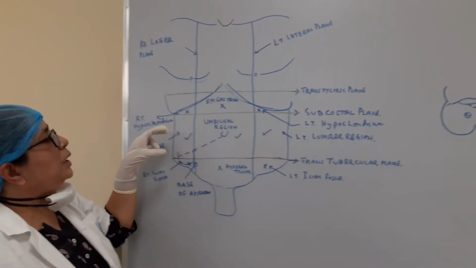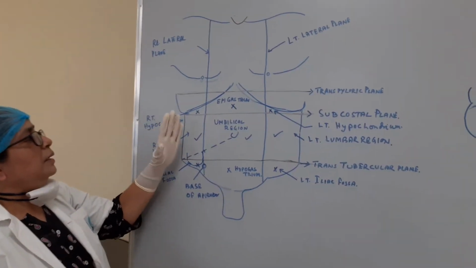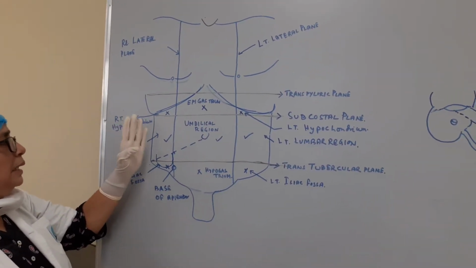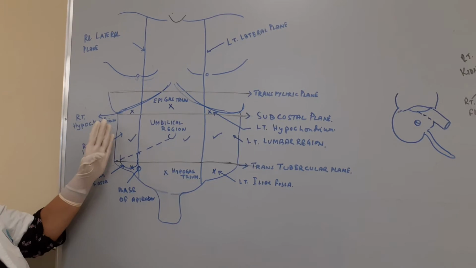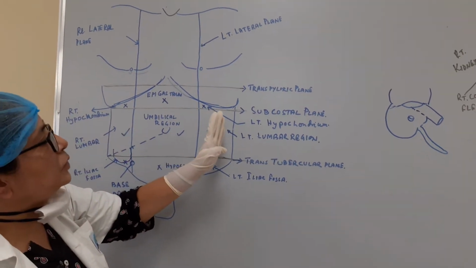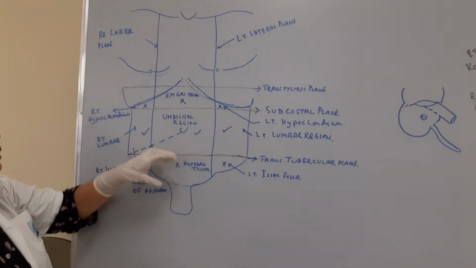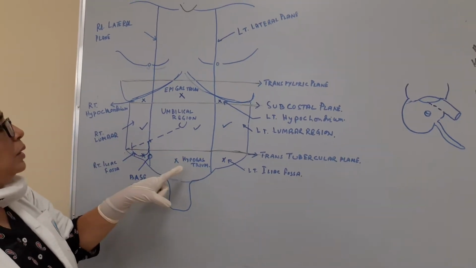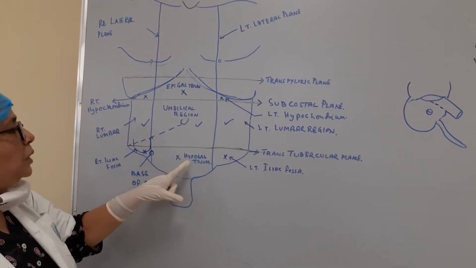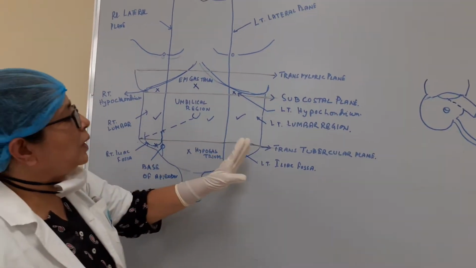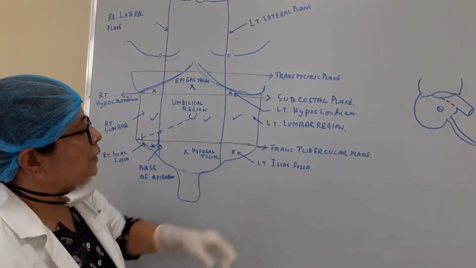In the middle, the intermediate one is the umbilical region, the right lateral is the right lumbar, and the left lateral is the left lumbar region. In the lower, the intermediate one is the hypogastrium, the right lateral one the right iliac fossa, and the left lateral one the left iliac fossa.